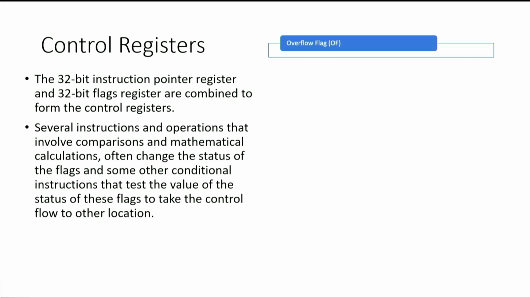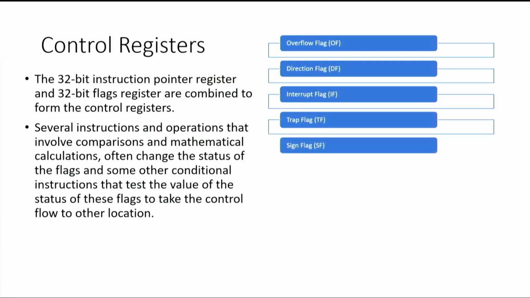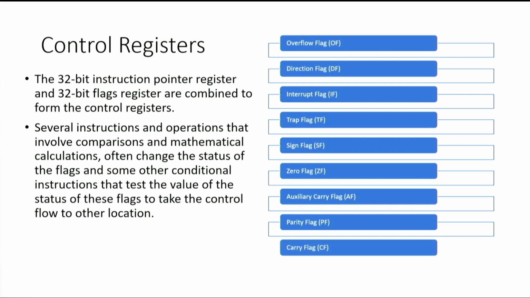Some of these control registers are overflow flag, which is abbreviated as OF, direction flag, which is abbreviated as DF, interrupt flag, IF, trap flag, TF, sign flag, SF, zero flag, ZF, auxiliary carry flag, AF, parity flag, PF, carry flag, CF.